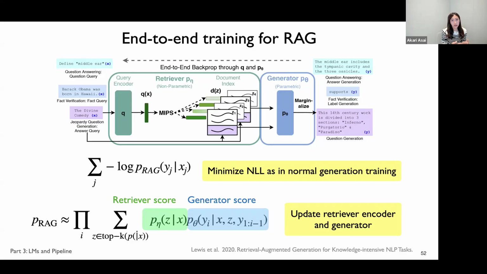A major challenge is that whenever we update the document encoder, we need to refresh the document embeddings, which can include millions or tens of millions of documents. And this could be quite expensive. We don't want to spend one hour refreshing embeddings for each training step.